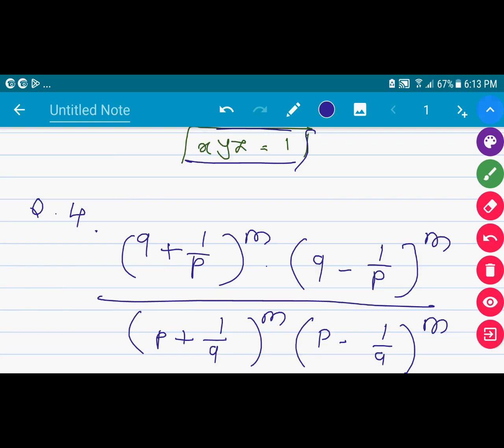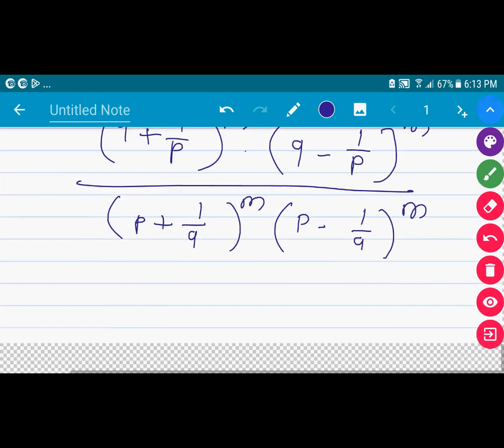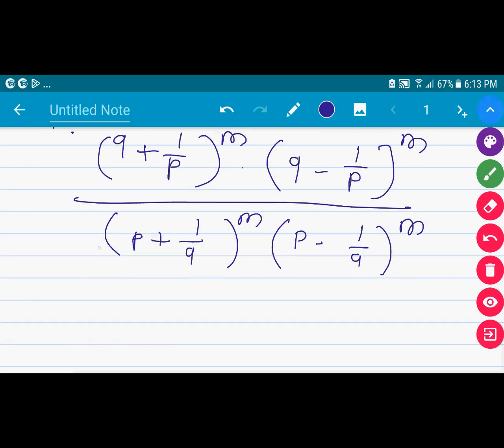Now see, here you have to remember the laws of exponent. So what is the law of exponent? If a raised to m is multiplied by b raised to m, we can write it as a into b, raised to m. It means these two exponent powers are the same, and the bases are different.